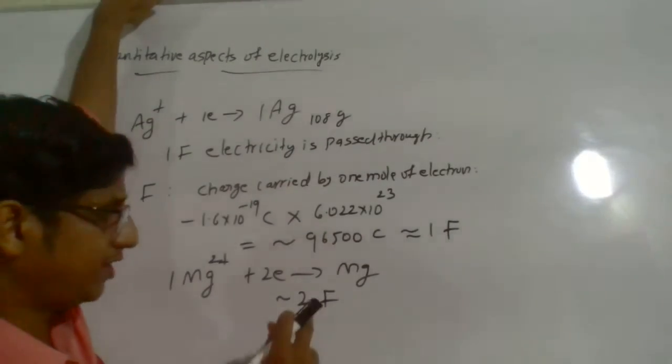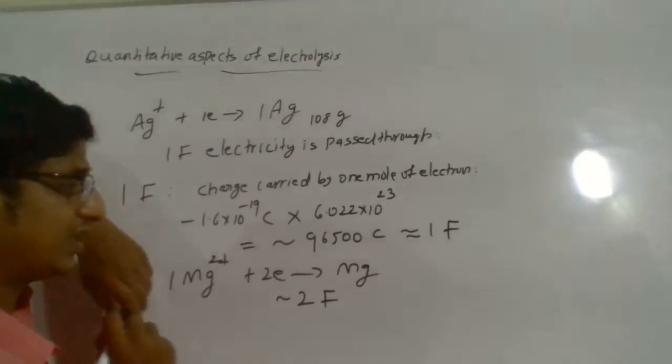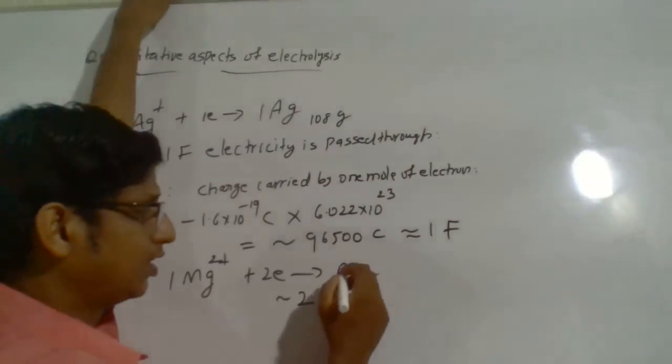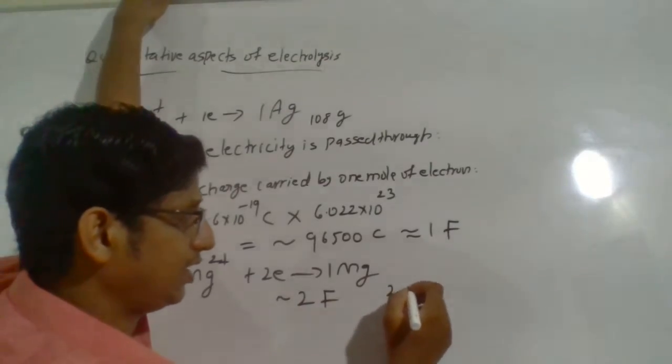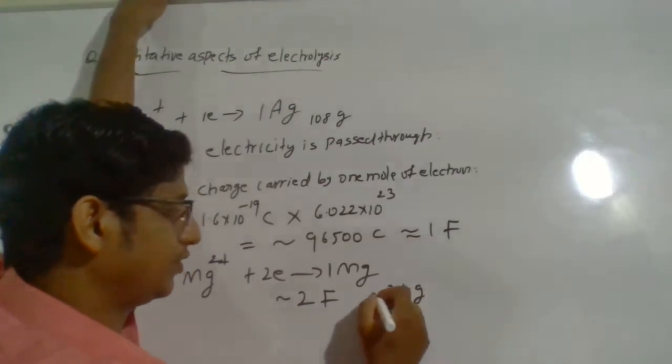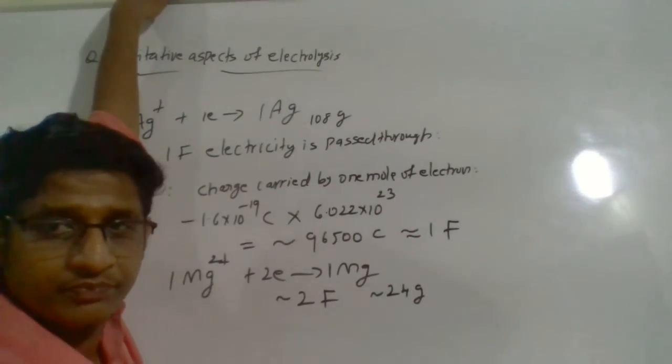Which means when you pass 2 farad electricity, the amount of magnesium deposited is 1 mole of Mg, which is nearly 24 gram, the atomic mass of magnesium.